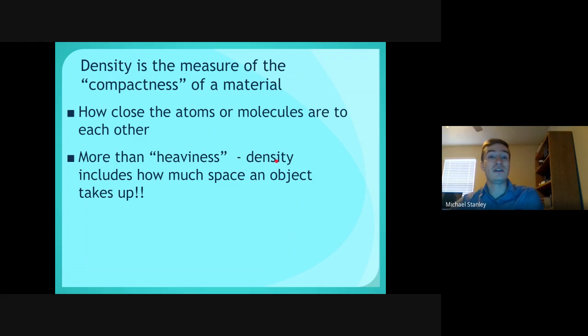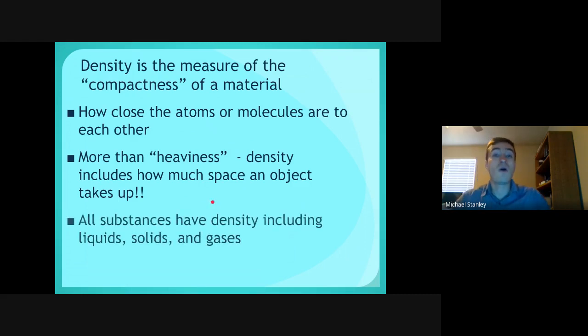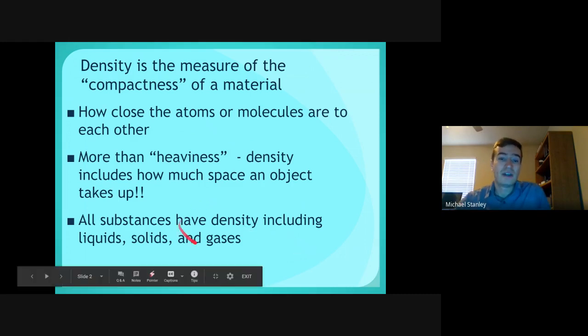So density is heaviness and volume. A comparison of how heavy something is compared to how much space that it takes up. All matter, all substances have density. Solids are obviously fairly dense materials in and of themselves, but liquids can also have different densities, and even gases.